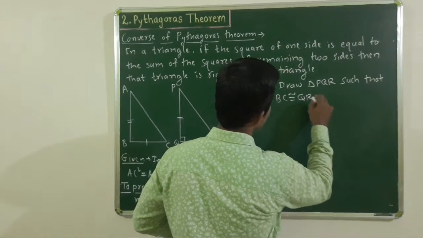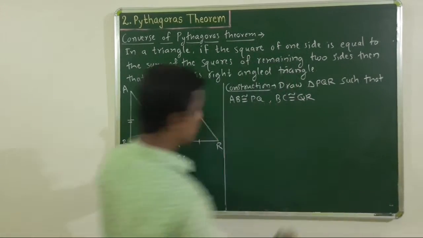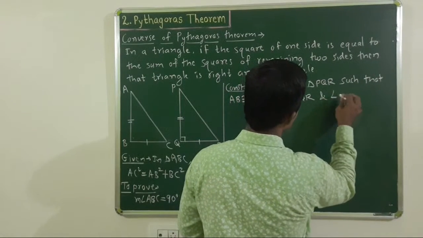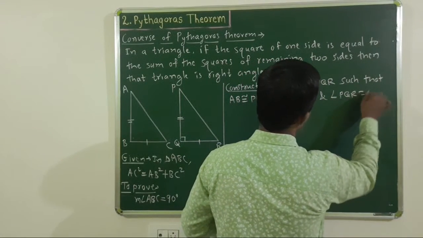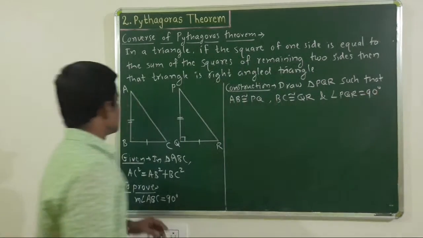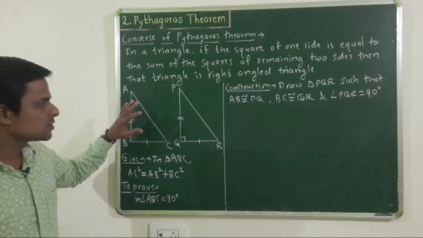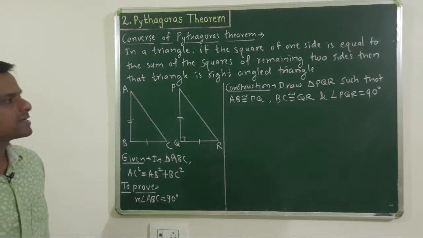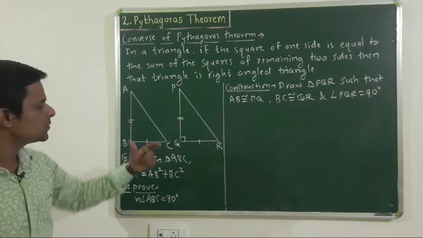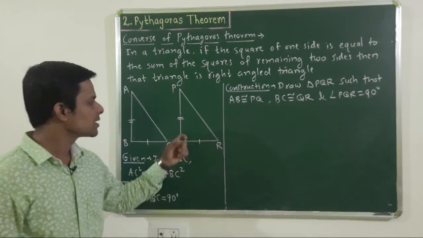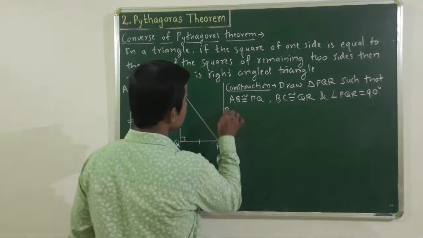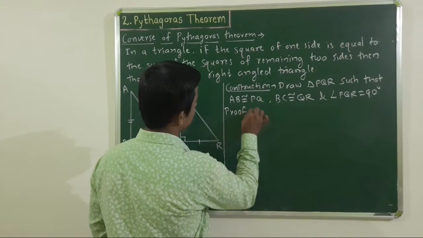And one more condition we have used here: measure of angle PQR is equal to 90 degrees. We have drawn one right angle triangle like this one. This one, ABC, is not yet a right angle triangle, we have to prove it, but it looks like this. AB is congruent to PQ, BC is congruent to QR, and this angle is a right angle. This is one more triangle. Now the next part is to write the proof.